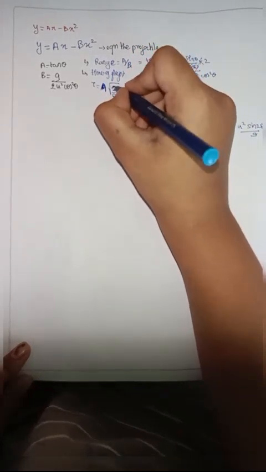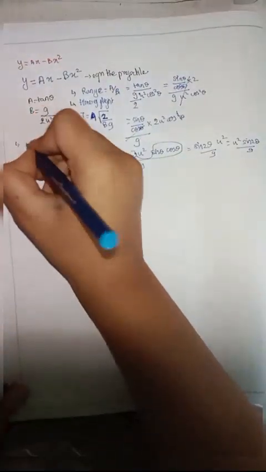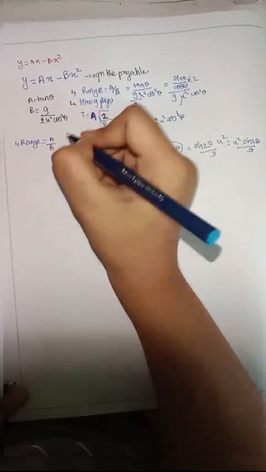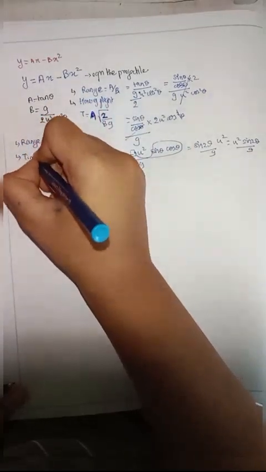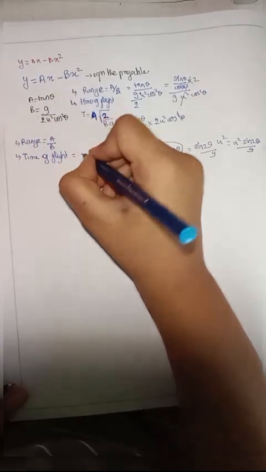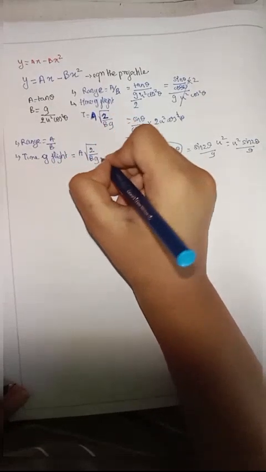Here I will write in an orderly way. Range equal to a by b, and time of flight equal to a into square root of 2 divided by bg.